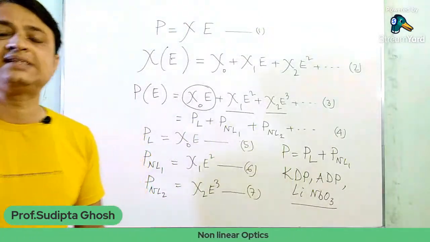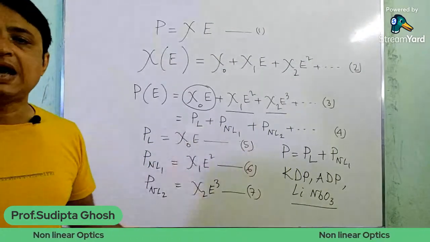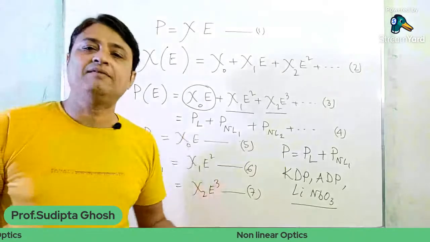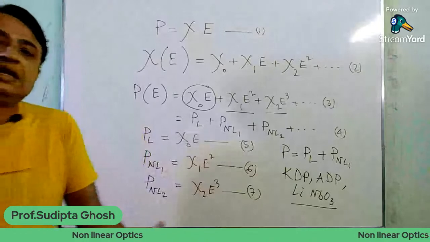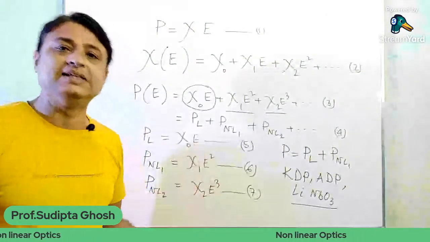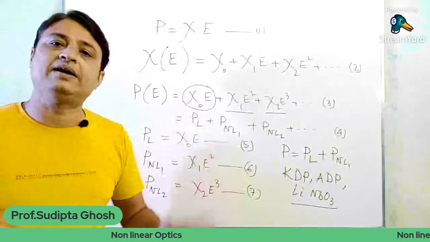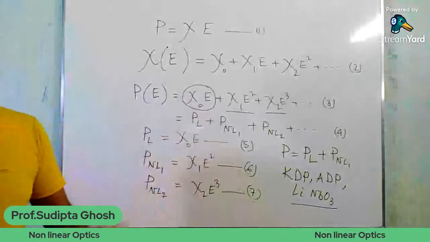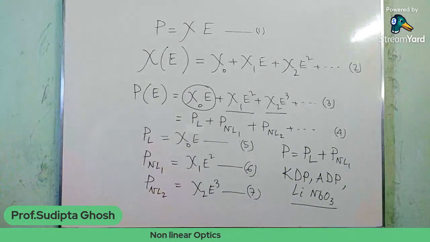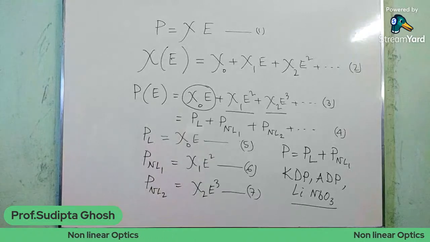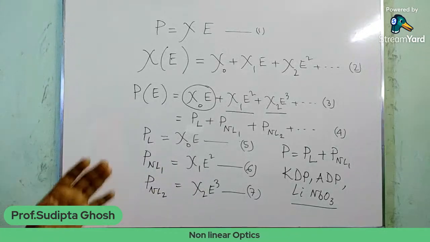That means in such materials the value of chi1 is very high, and for this reason, whenever a light beam of reasonable electric field intensity interacts with the material, the value of chi1 E square is significant in comparison to chi0 E. This is the significance of why a dielectric can be regarded as a non-linear material.